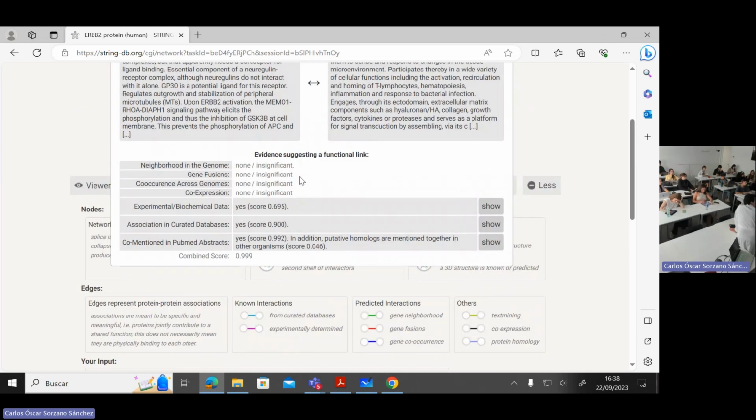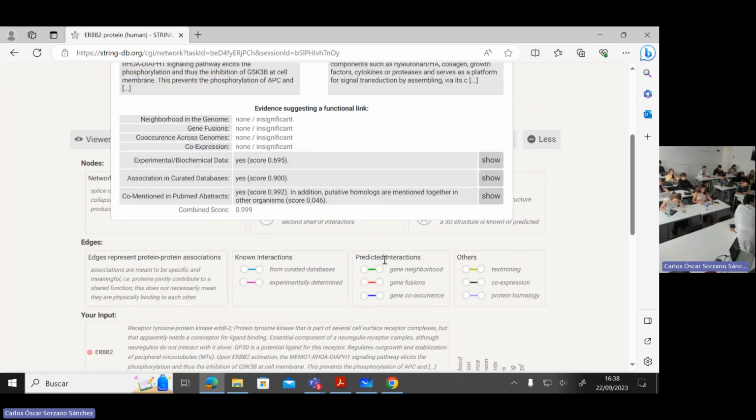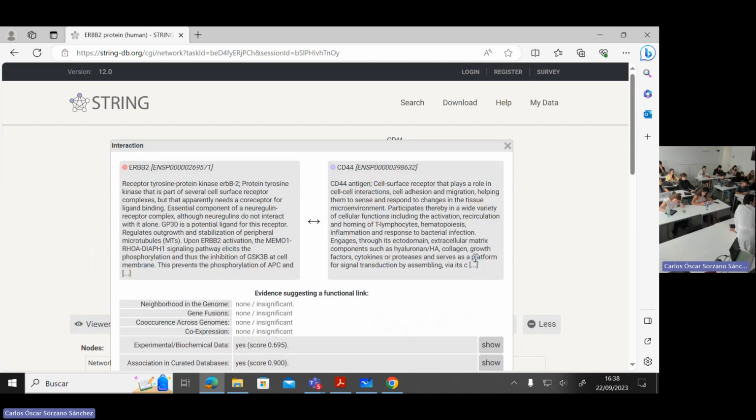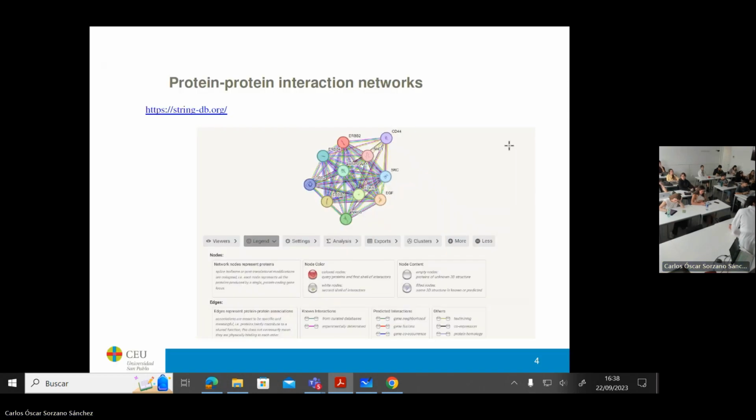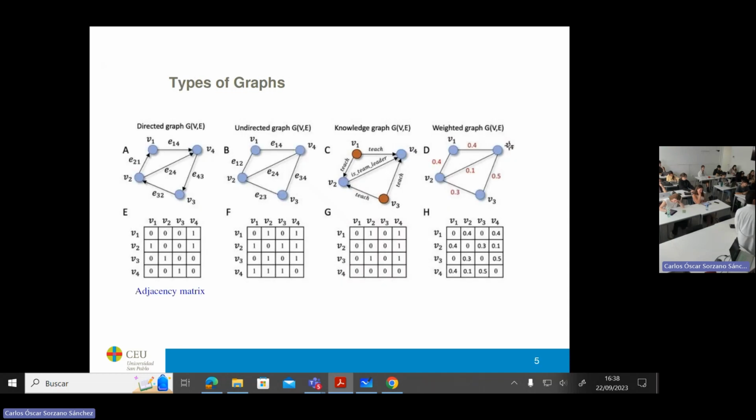There is a lot of information here, and they are in the gene neighborhood. So how do you have networks between proteins, how do you get that information? Okay, so this is protein-protein interaction networks, and the STRING database is one of the best known databases for this.